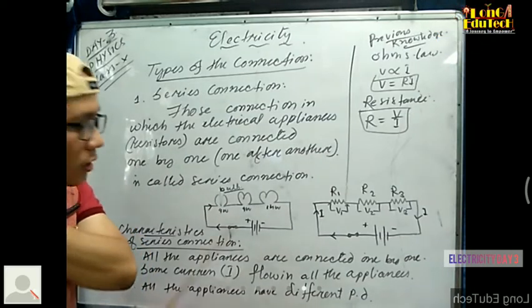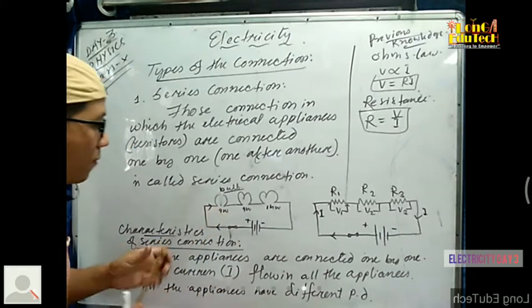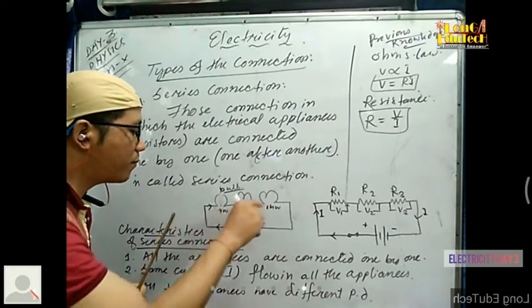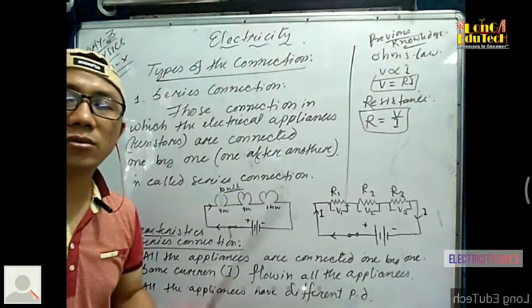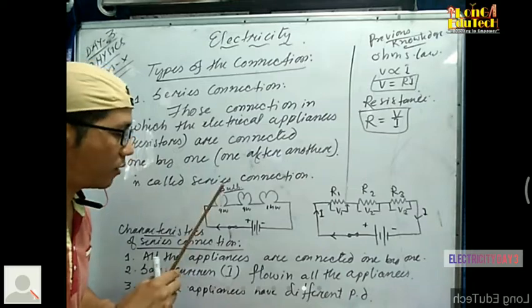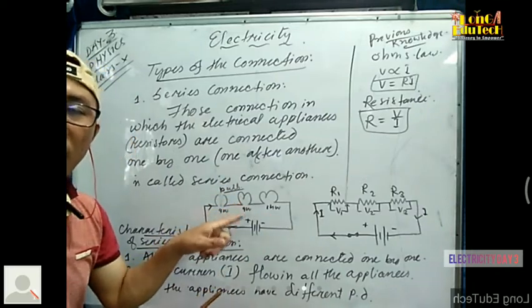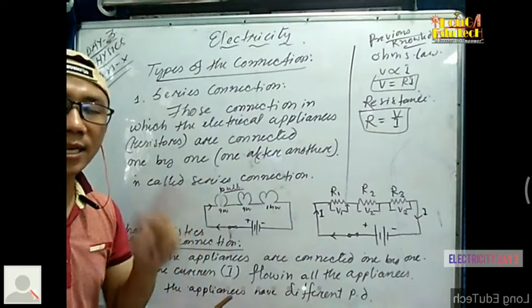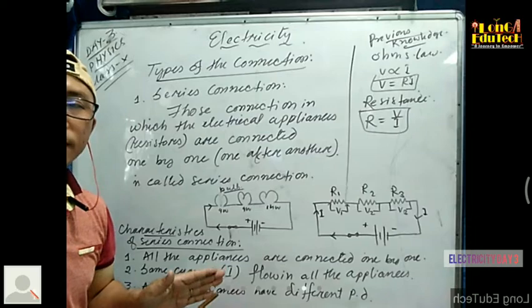Because same current I, only one current I is flowing. ना, पर इधर में डिस्कनेक्ट हो गया तो करंट पास करके जाएगा? No. Okay, so current will not pass through, okay, all others. So once one is disconnected, okay, if one appliance is disconnected or the fuse, then others also will not work.